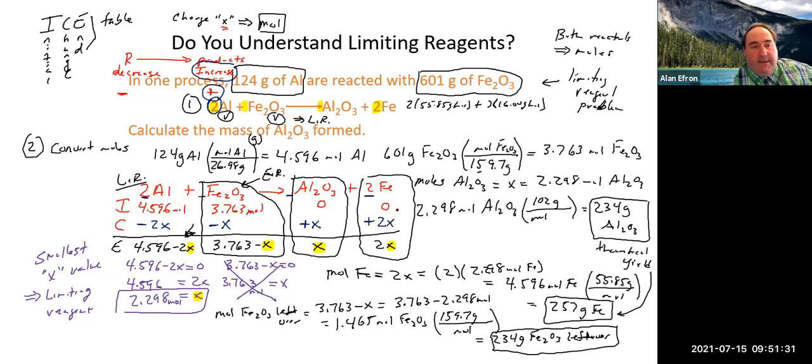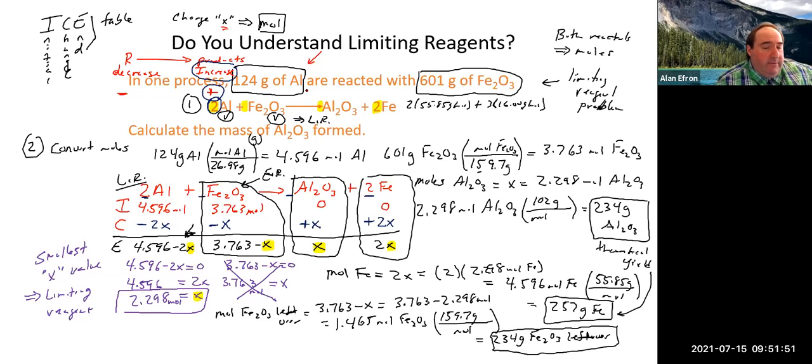And again, it may be one that you've learned before. Another very common approach, like I said before, is taking each of these reactants individually and just doing a stoichiometry problem like we did previously, what we call a basic stoichiometry problem.